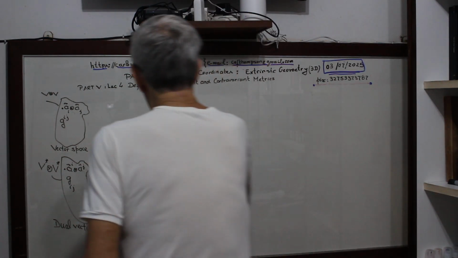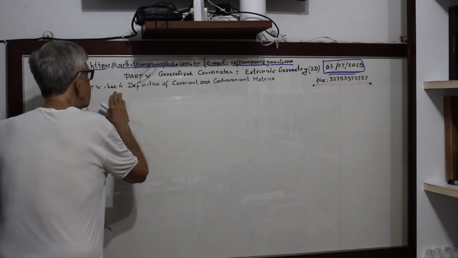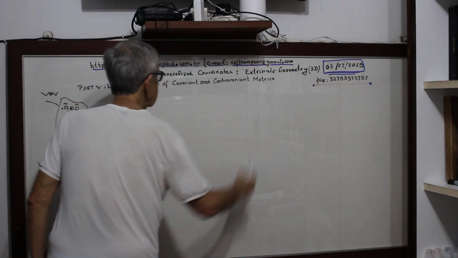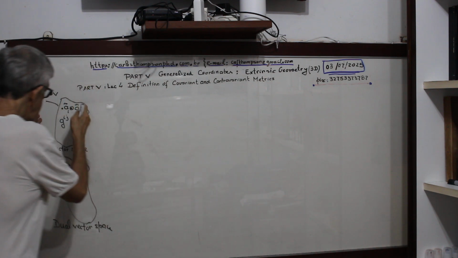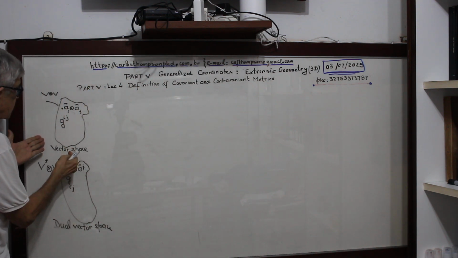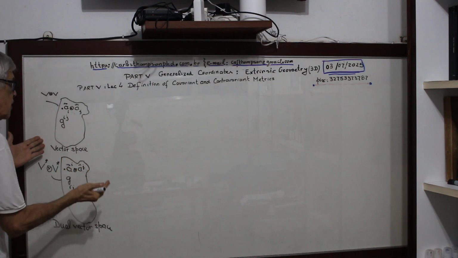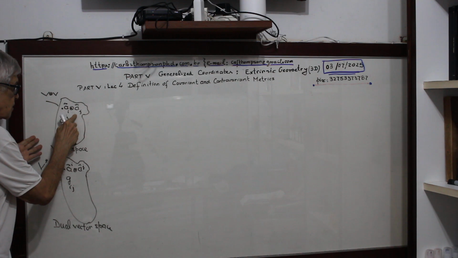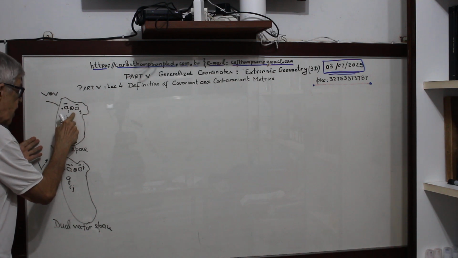Okay, part 5, lecture 4, definition of covariant and contravariant metric. You see, this is the vector space, which I mentioned in part 4. This is the basis, the basis vector.